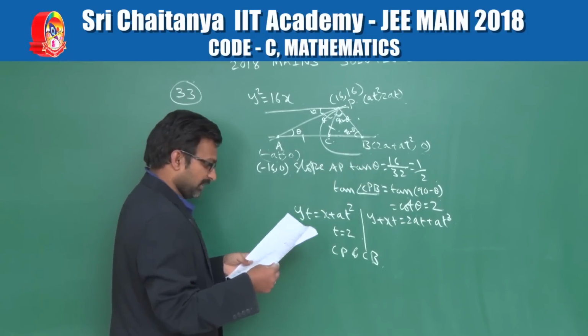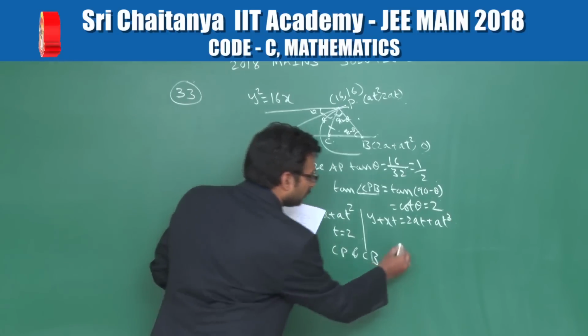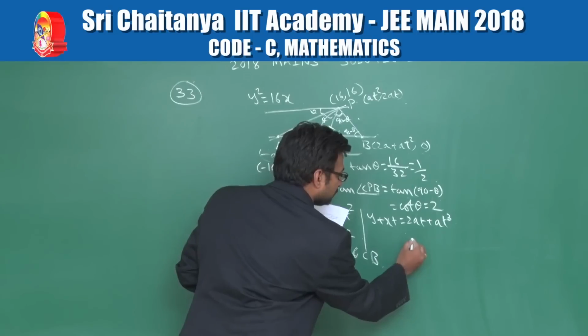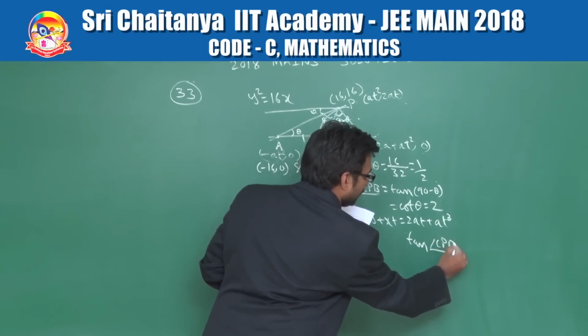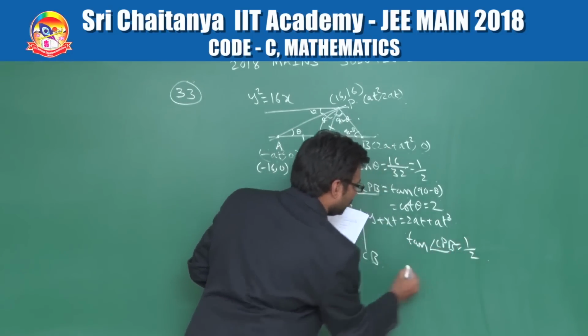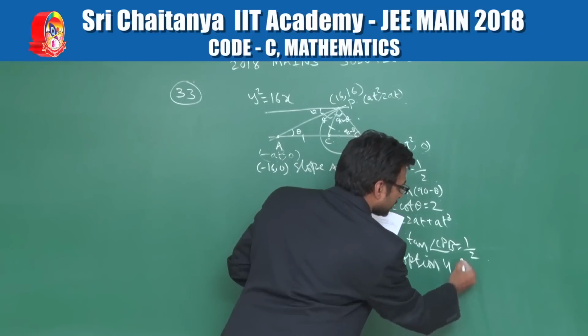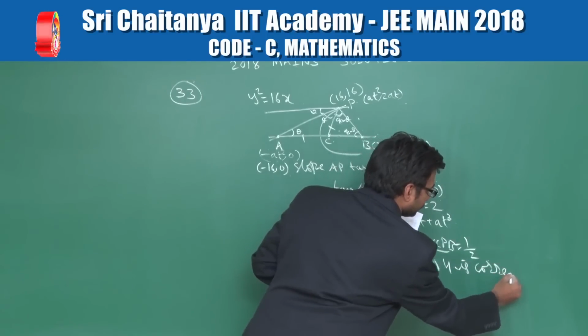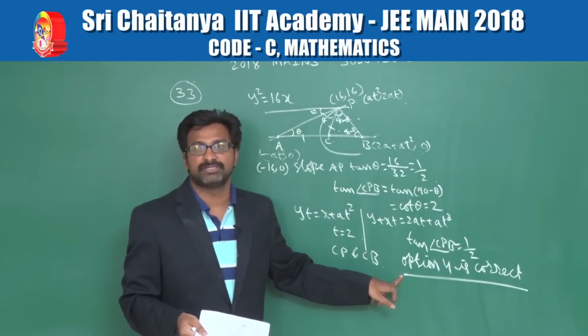So if we go through the options which are given to us, the fourth option is 1 by 2. Therefore tan CPB is equal to 1 by 2. Option 4 is correct.